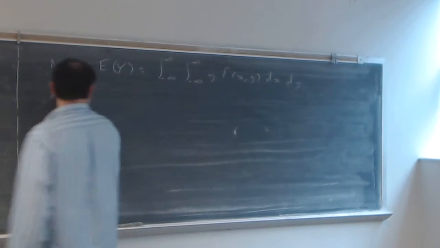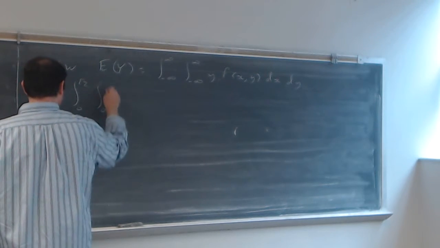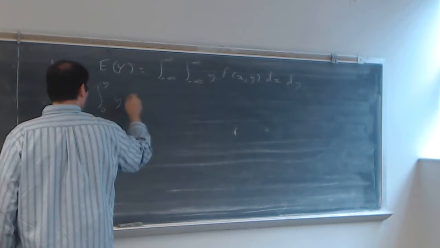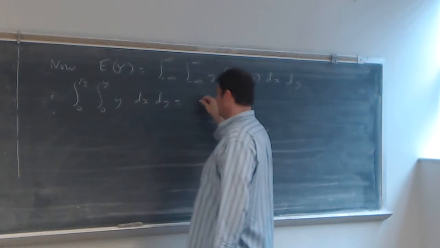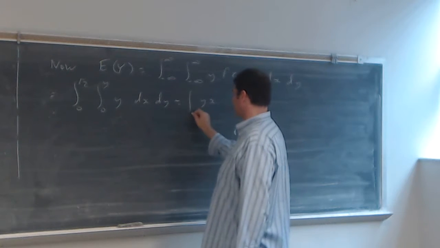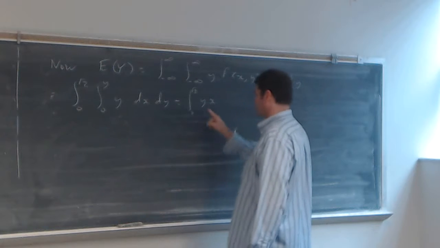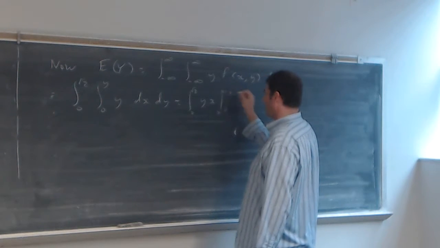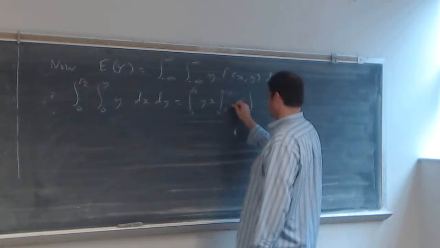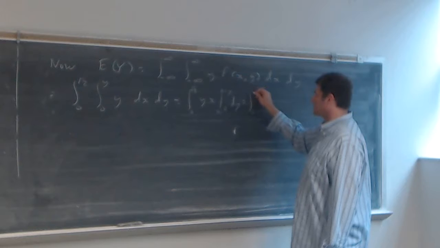And that's equal to, well, the integral from 0 to square root of 2, just as we had before, and x from 0 to y, of y times 1, dx dy. The antiderivative of y with respect to x is yx. I've got to evaluate that from x running from 0 to x running to y. And then that dy, that's equal to the integral from 0 to square root of 2.